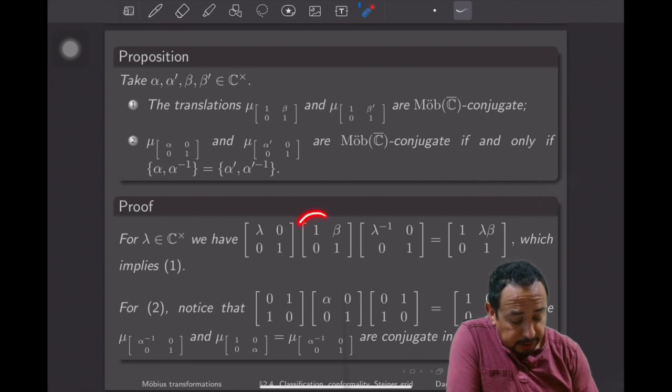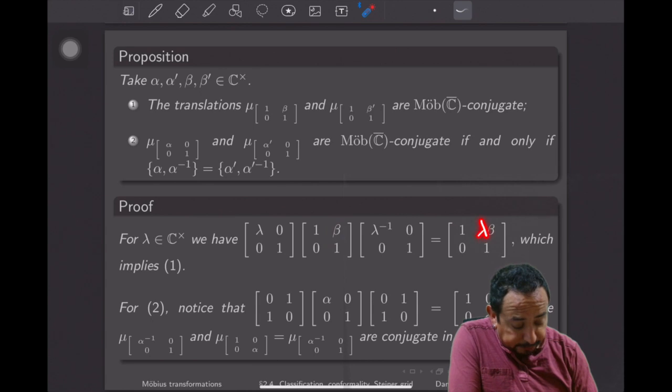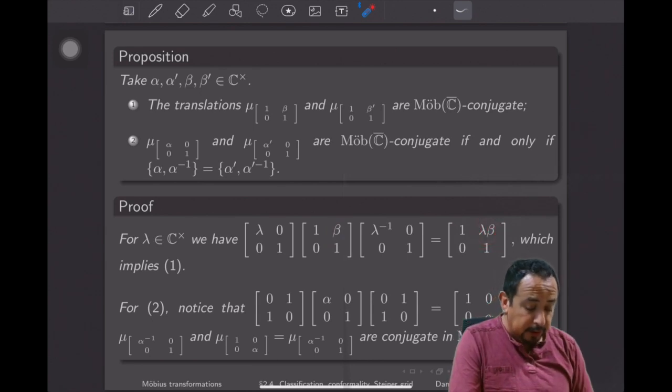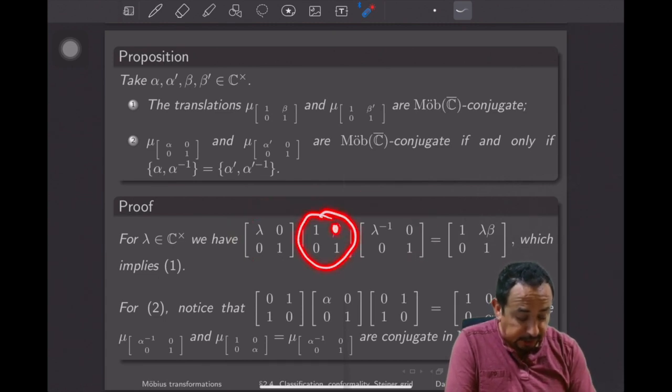So you see, when I conjugate this matrix, a matrix giving rise to a translation, by just this matrix, one can just perform the computation, and what I see is that this conjugation has the effect on this matrix of multiplying this corner with lambda. So this means that conjugation allows me to rescale the upper corner, right? Freely.